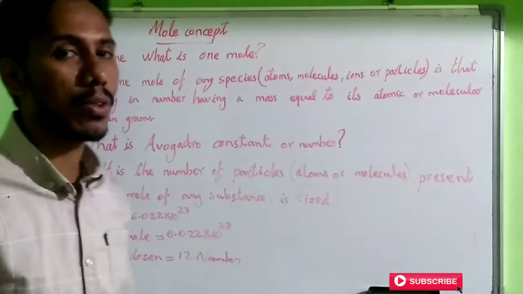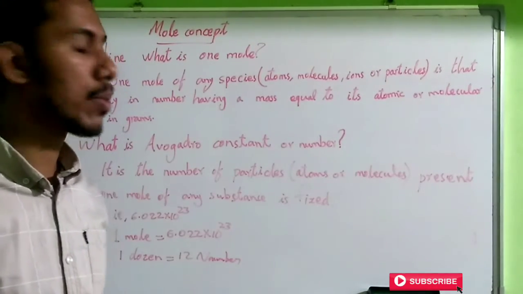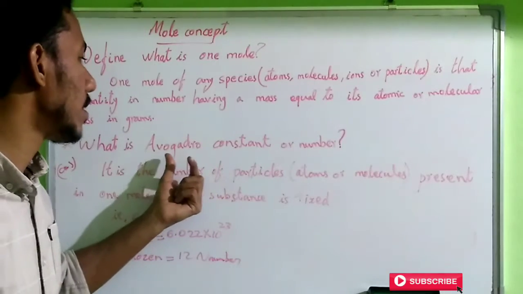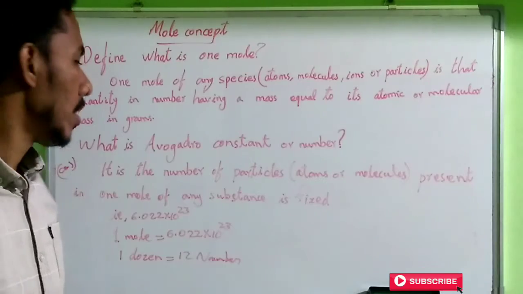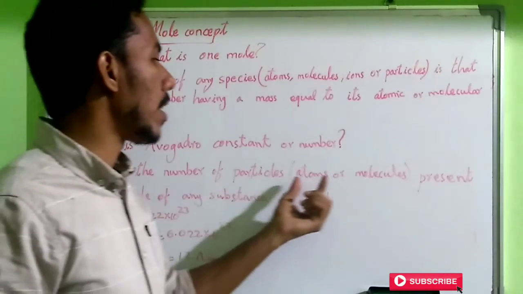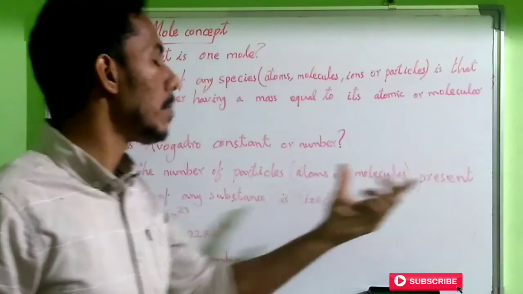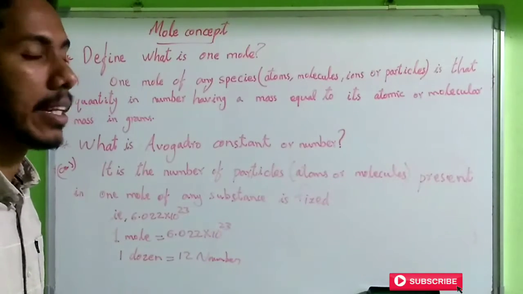What is Avogadro's constant? There is a new constant. Avogadro's constant or Avogadro number is the number of particles, atoms or molecules present in 1 mole of any substance.